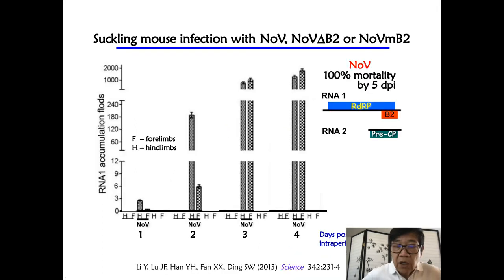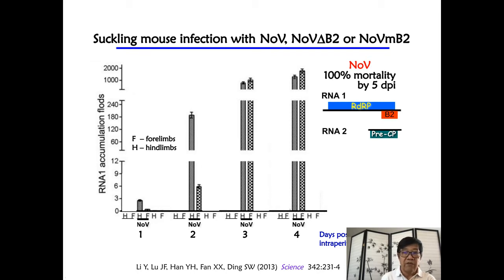So in 2013, we reported the first evidence to show that Nodamura virus infection induces and suppresses the RNAi response in suckling mice. This slide shows that wild-type Nodamura virus accumulated to very high levels in the infected suckling mice.